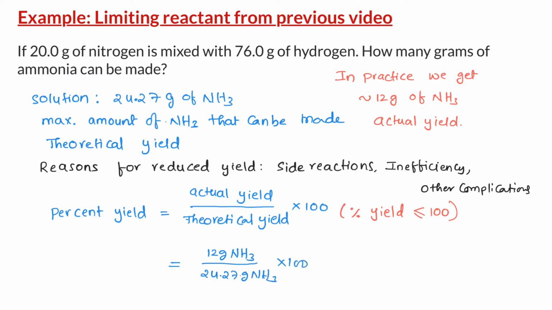Grams of ammonia gets cancelled. If we do the math, we end up getting 49.4%. So this is how we calculate the percent yield of a particular reaction.